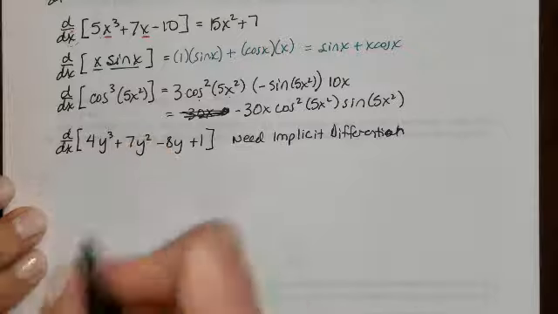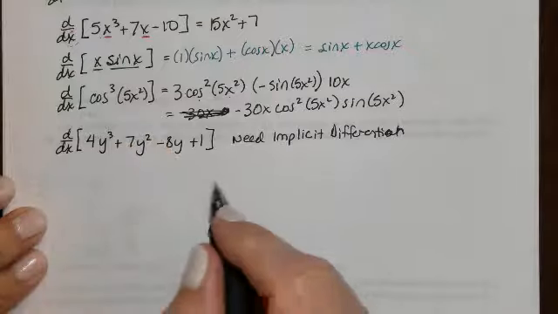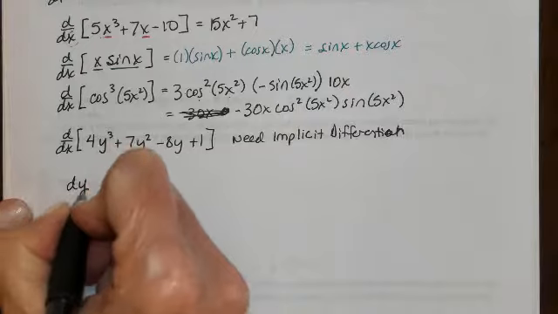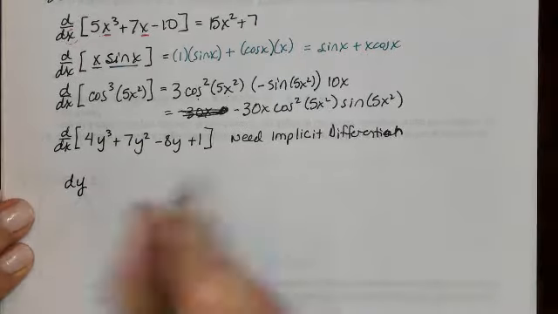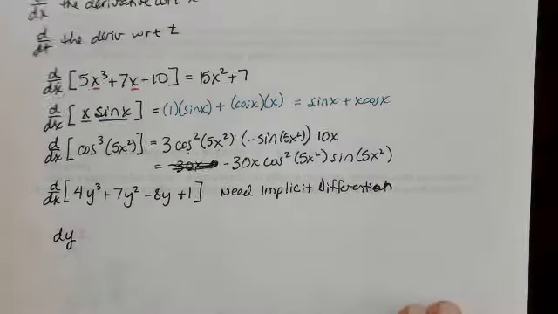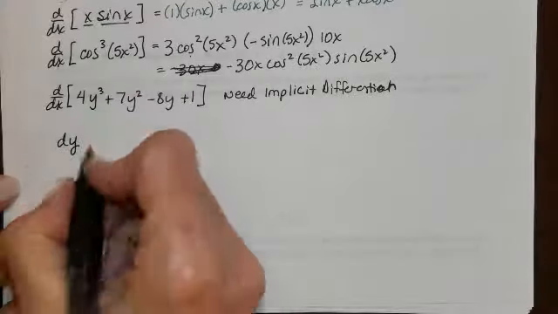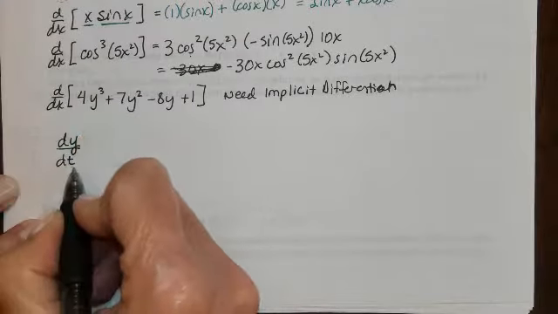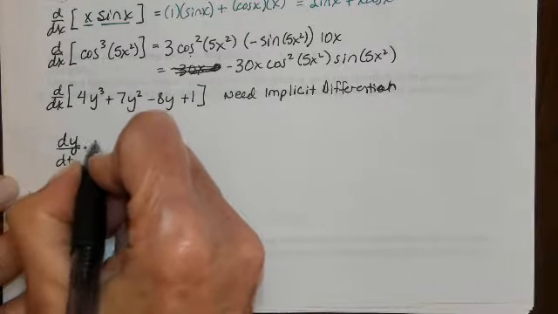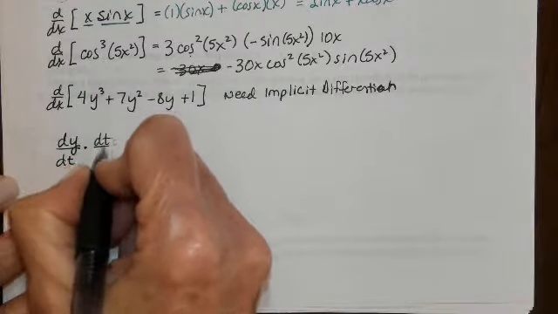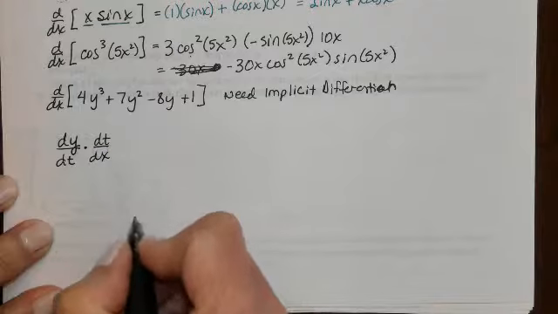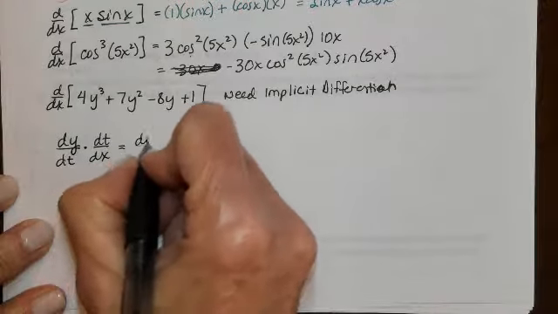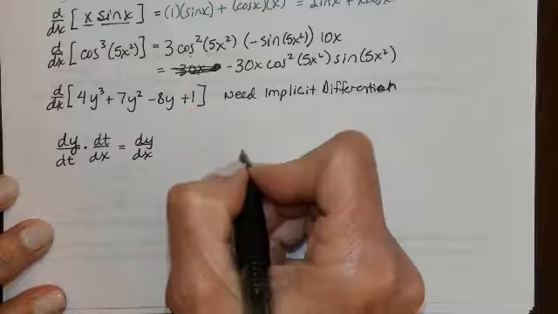We started off talking about the notation that Leibniz gave us. I want to show you one way that this notation is very convenient for us. If I have dy dt, the derivative of y with respect to t, and I multiply that by the derivative of t with respect to x, I would get the derivative of y with respect to x.